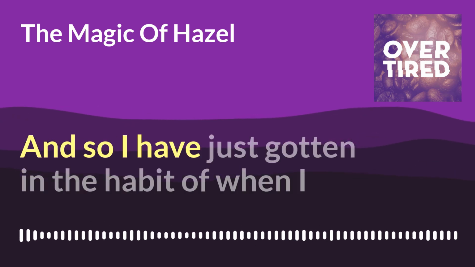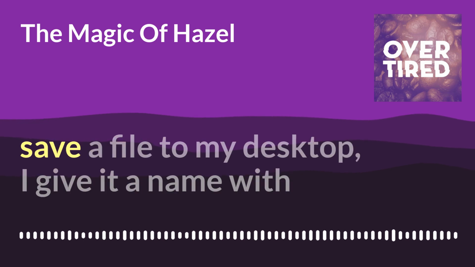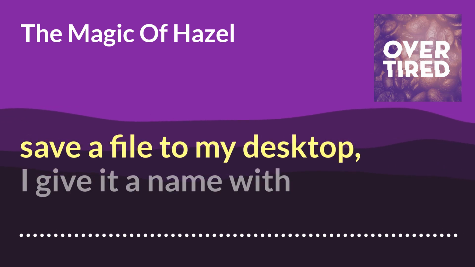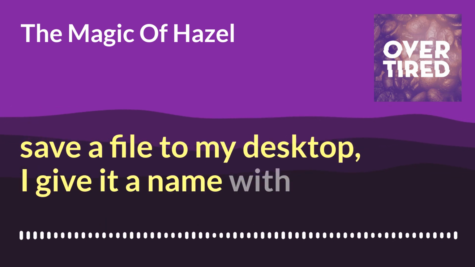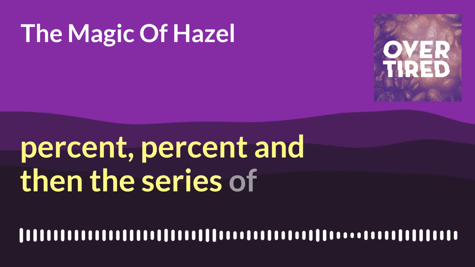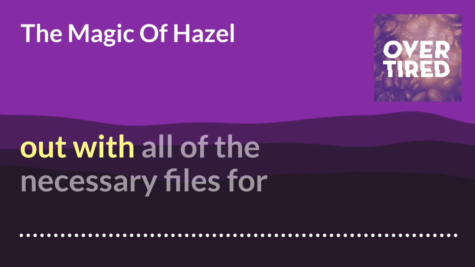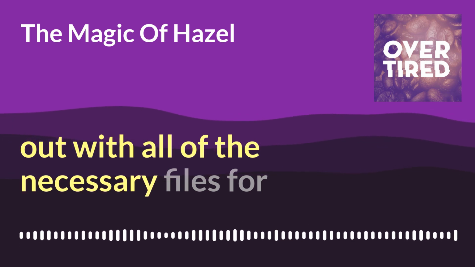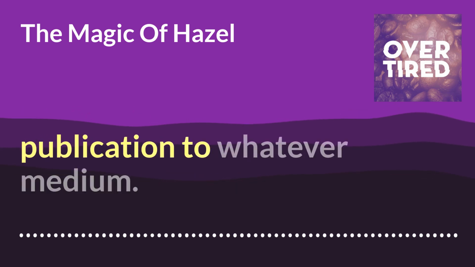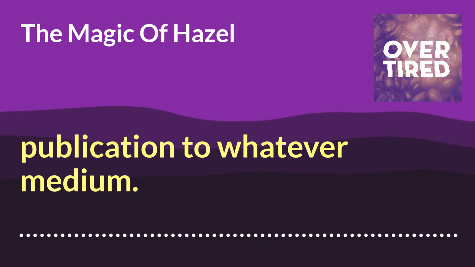I've just gotten in the habit of saving a file to my desktop with a name with %% and then the series of characters, and Hazel just picks that up and I come out with all of the necessary files for publication to whatever medium.